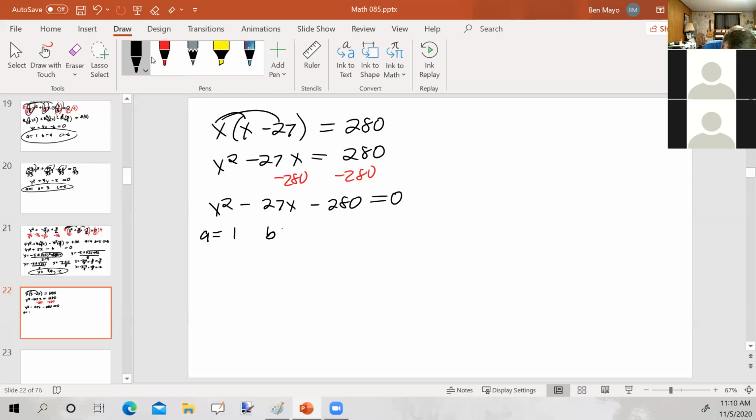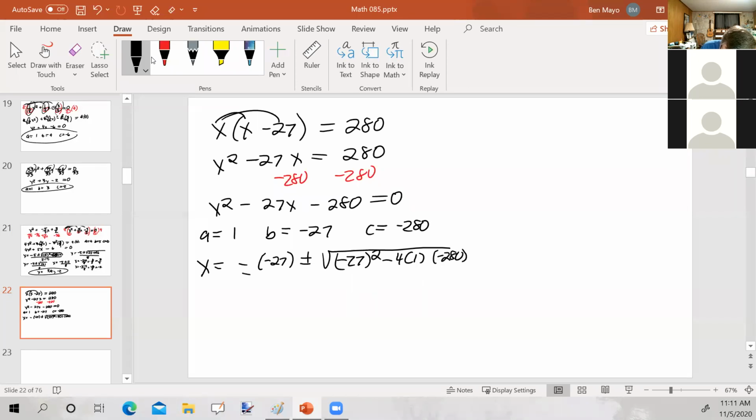A is 1, B is negative 27, and C is negative 280. So x equals negative b plus or minus the square root of b squared minus 4ac, all over 2a.